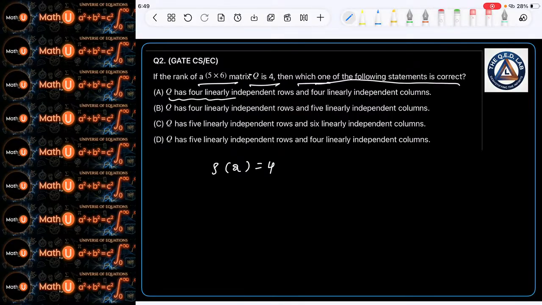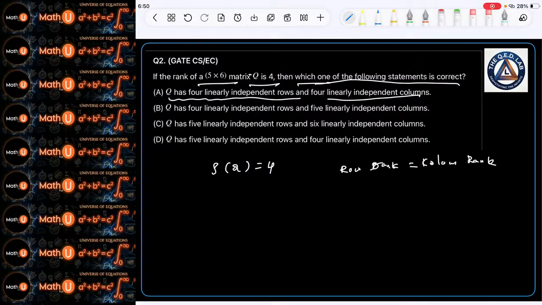If Q has 4 linearly independent rows, we know that the row rank is also equal to the column rank.